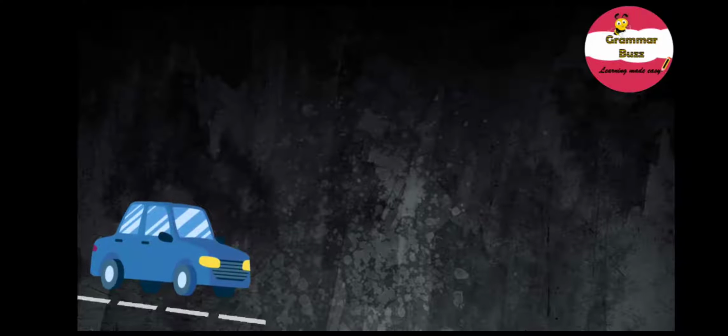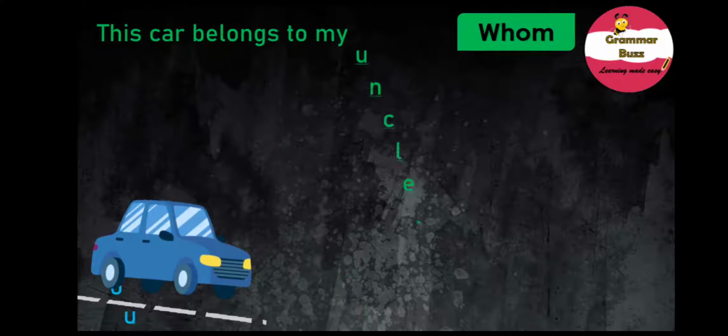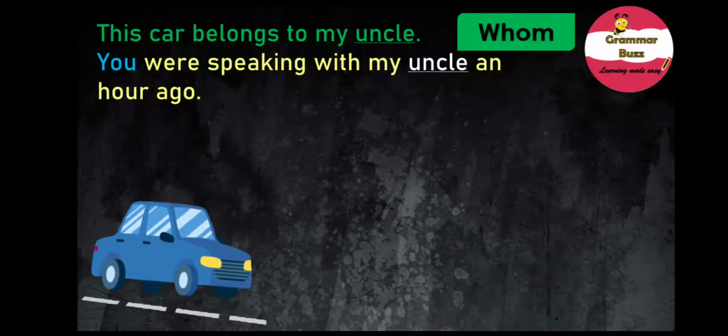Well, with that, we are about to move on to the next relative pronoun in the list, which is whom. Let me begin with our example sentences. This car belongs to my uncle. You were speaking with my uncle an hour ago.